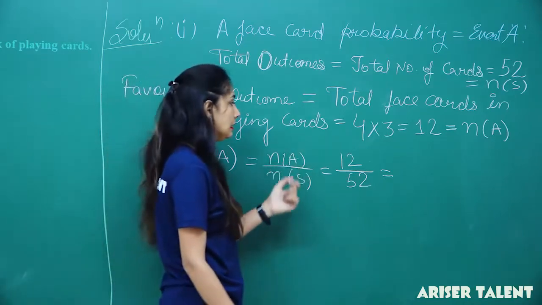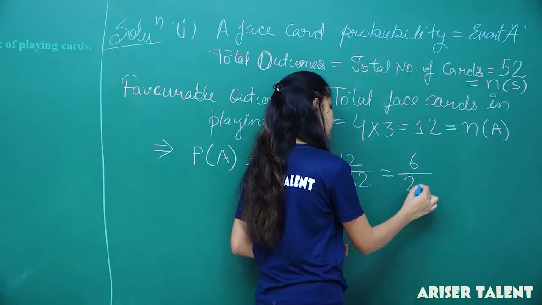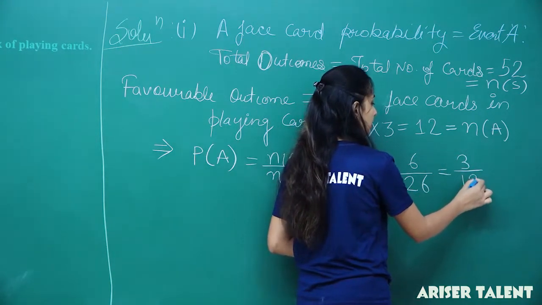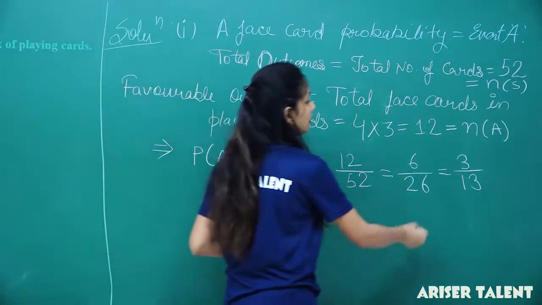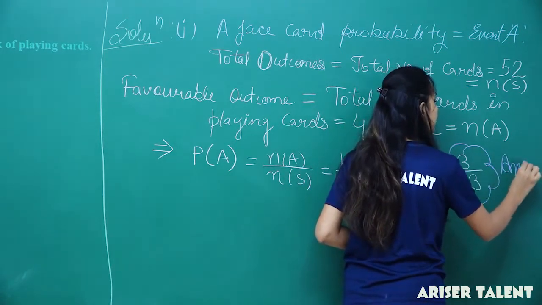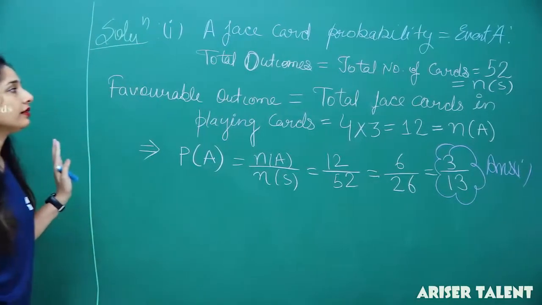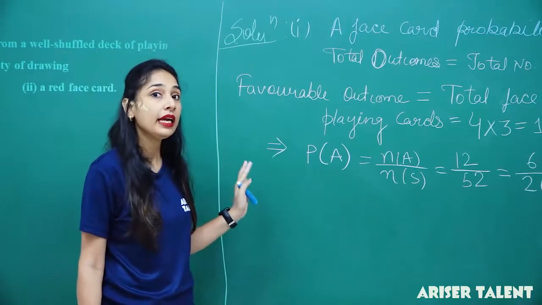Now can we cut it by 2? That will be 6 by 26, again by 2, 3 by 13. So students, 3 by 13 is what you'll answer. Answer number 1. Now students, NS will be the same. NS will be 52 in that case also.